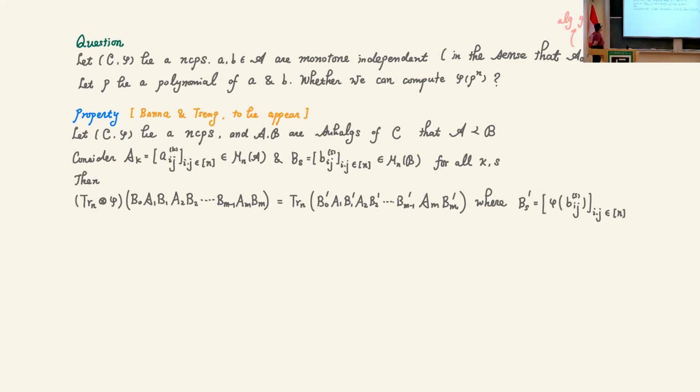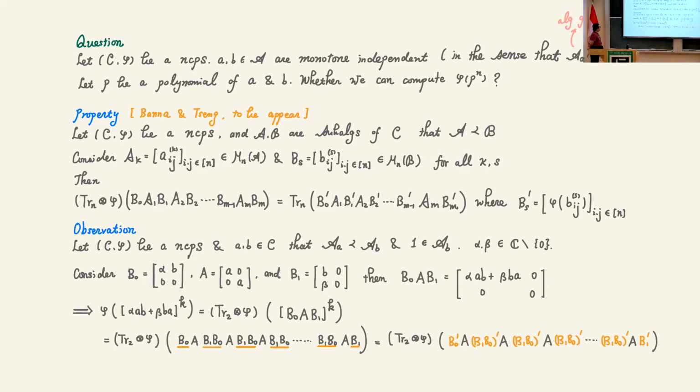The trace of phi of such a string, B_0 A_1 B_1, up to A_N B_N, will be equivalent to the trace of phi, so you can see, when computing these things, you just replace all the B by B prime, where B prime is obtained by applying phi entry-wise to each of the entries of B. So this property, and then now let me quickly mention a thing.